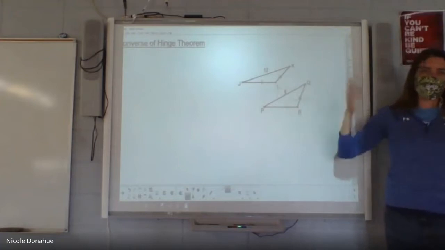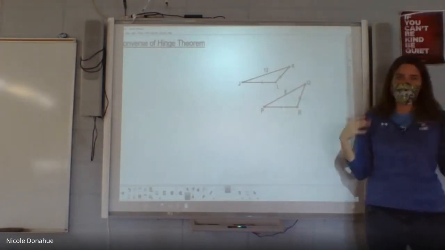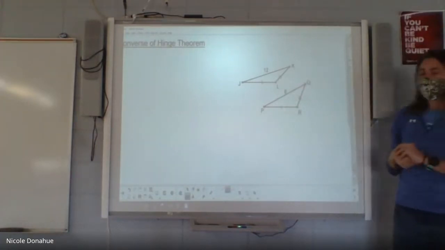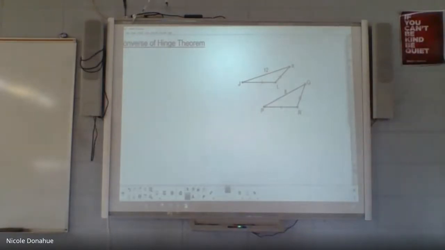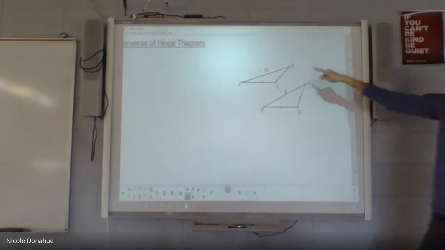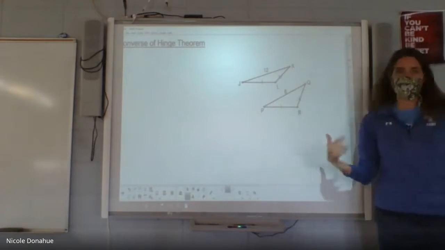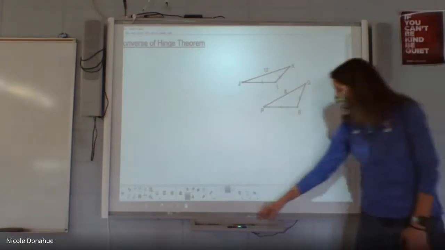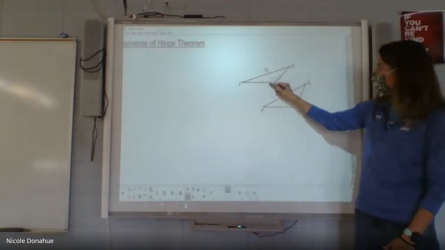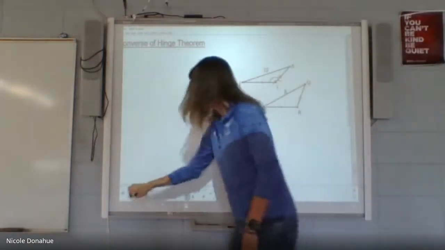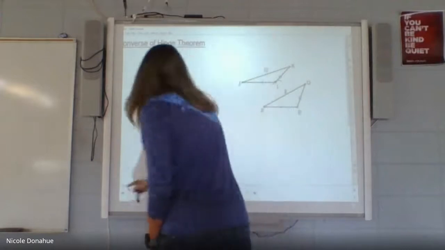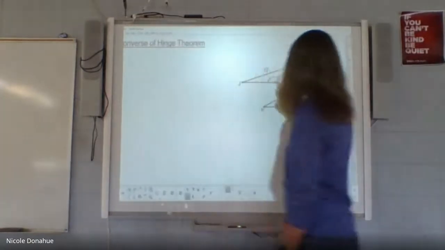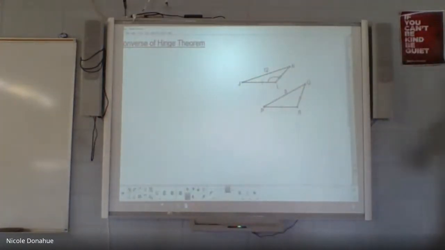They don't say what those specifically are, but we know they're equal. That means that the angle across from that 12 and the angle across from the 8, I can make a conclusion about. What should I know about angle L compared to angle R? Yep, it's greater than. So L will have to be greater than R.